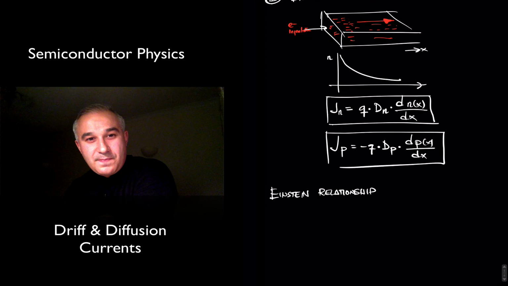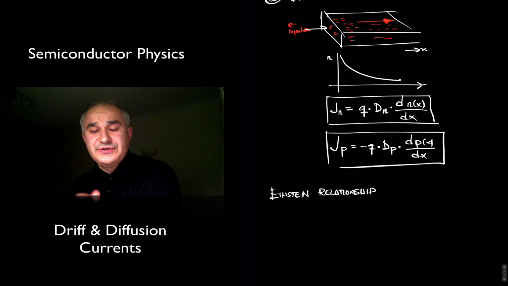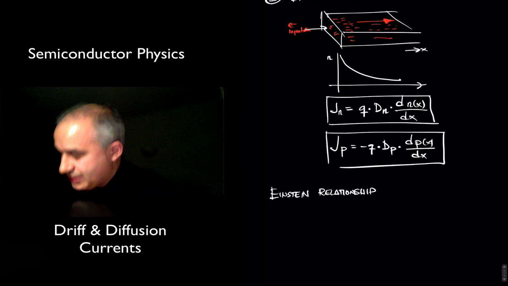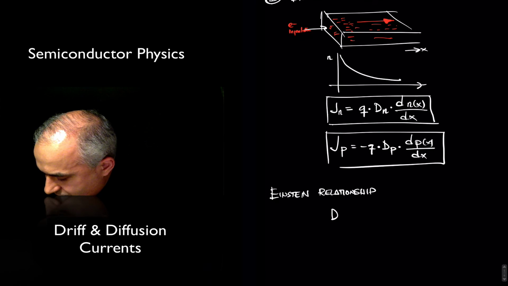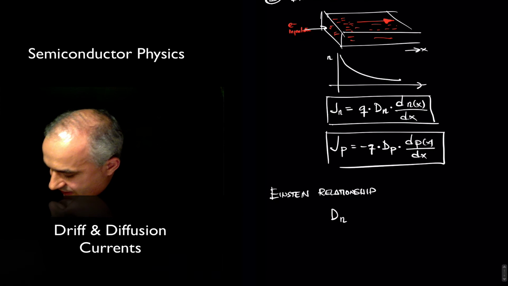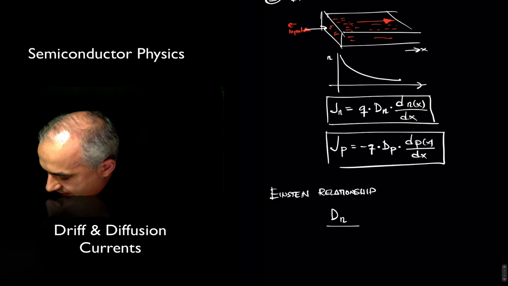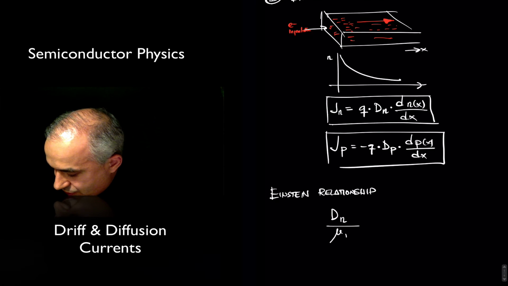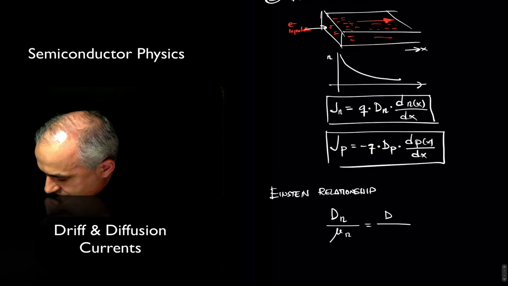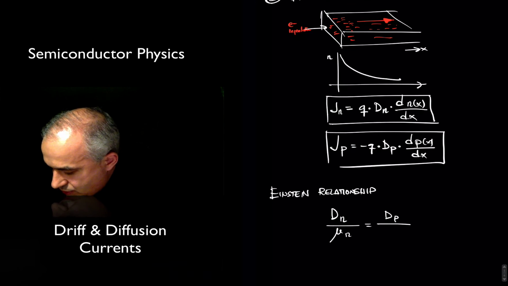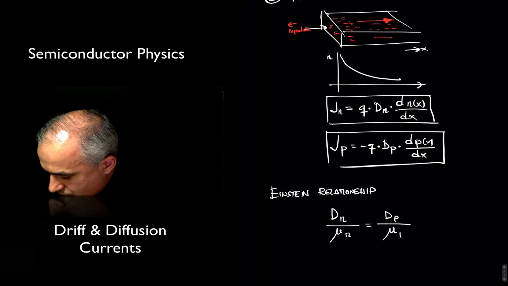between the mobility of holes, the mobility of electrons, the diffusivity of holes, the diffusivity of electrons, and the thermal voltage. And this is a cool equation: the diffusivity of free electrons over the mobility of free electrons in the conduction band is equal to the ratio of the diffusivity of holes to the mobility of holes.